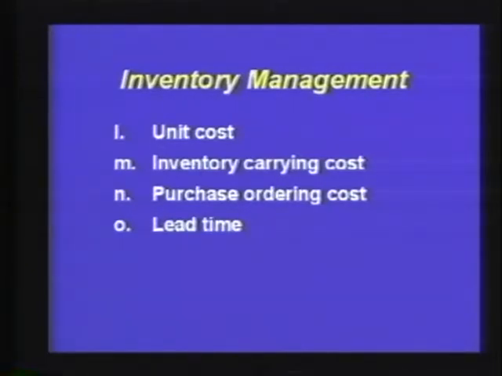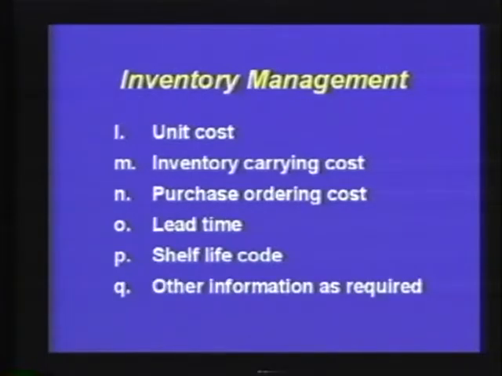In the purchasing section, the lead time that we review there or use there is strictly the vendor quoted lead time. Item P, the shelf life code, we're going to review that in section 5, page 14. And again, if additional information is required, then please feel free to add that information to this particular outline.